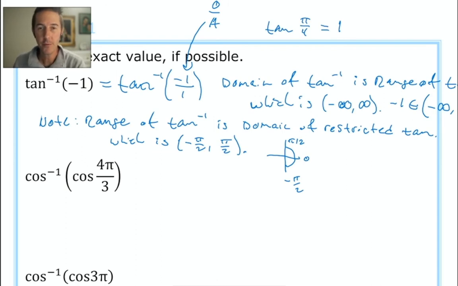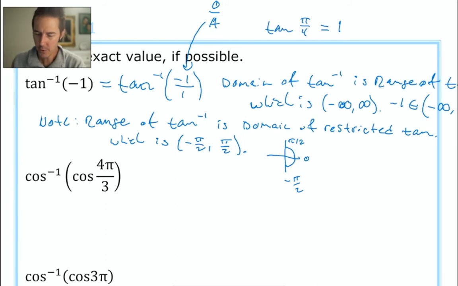Remember that the inverse tangent takes us back where we came from. It takes us from the unitless value back to the angle measure. So the output of an inverse trig function is an angle measure. Regular trig functions go from angle measure to unitless value. Inverse trig functions go from unitless value back to an angle measure. So our answer is indeed going to be an angle measure.